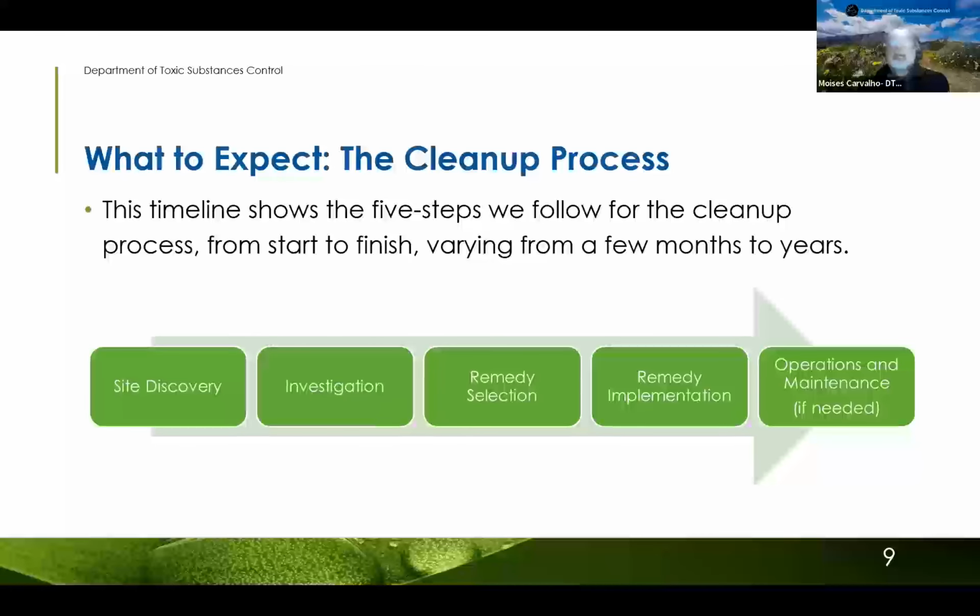For the Caltech site, we are evaluating how to clean up the site. Once the evaluation is complete, we move to remedy implementation. This is the actual hands-on cleanup work. Then, if needed, we move to operation and maintenance. We will monitor the site long-term to make certain that the remedy is working.